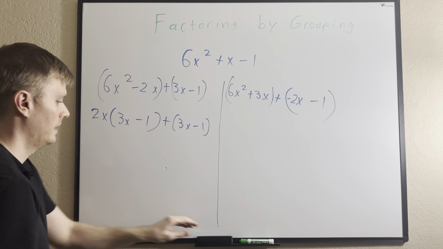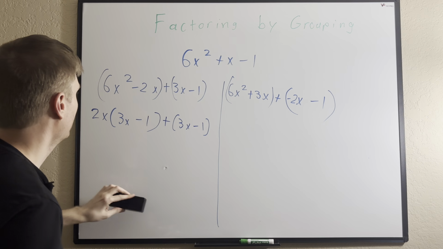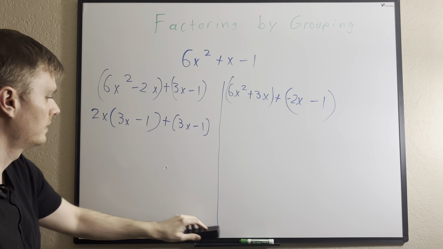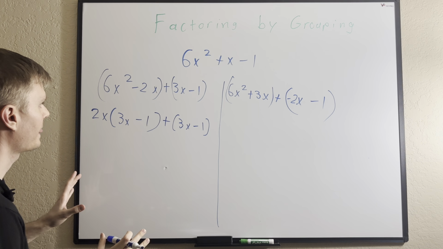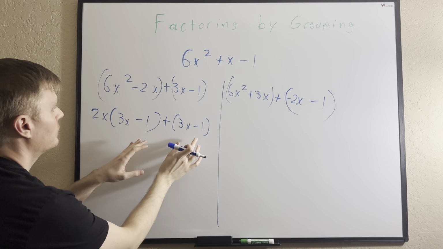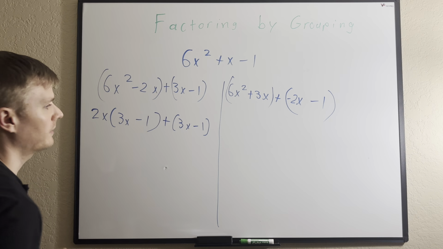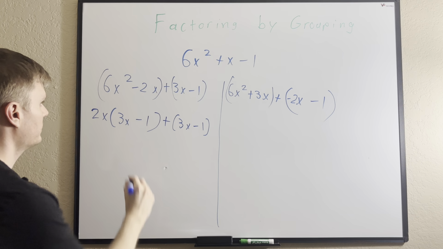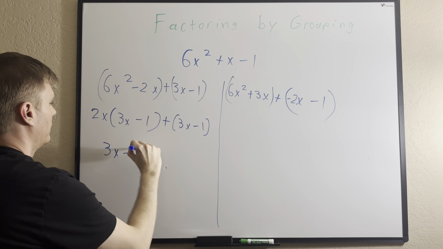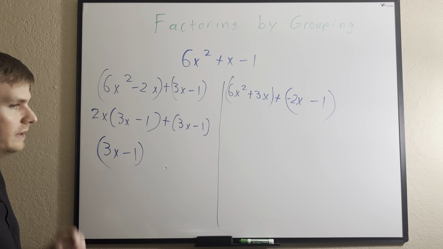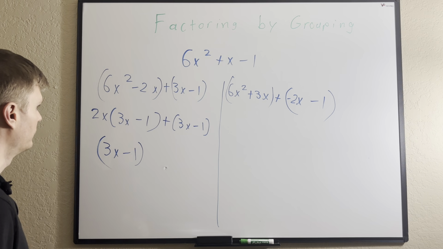Now, here is the part that can be tricky. We're going to take the greatest common factor out of that right now. They both have this 3x minus 1 in common, right? That's the first part of it. What's the second part?